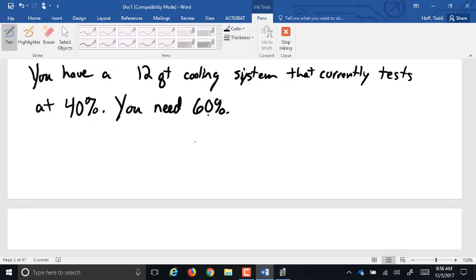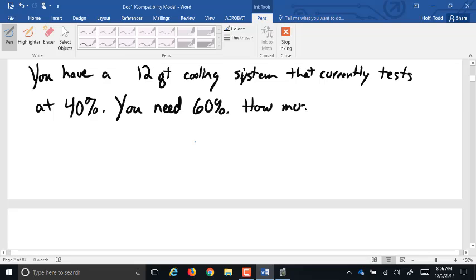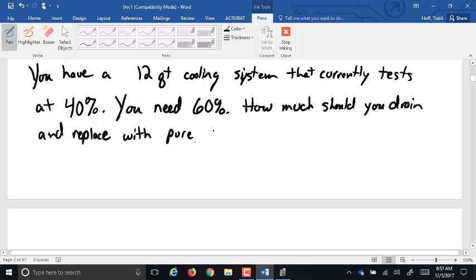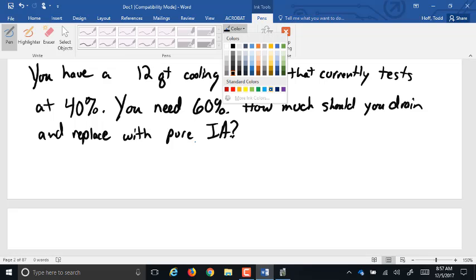So the question is, how much should you drain and replace with pure IA, is just isopropyl alcohol, in order to get to that 60%?